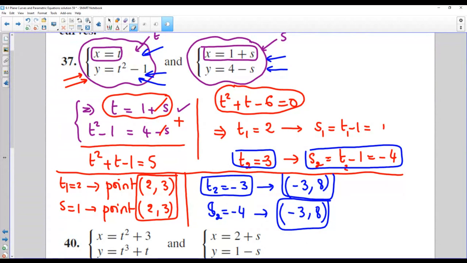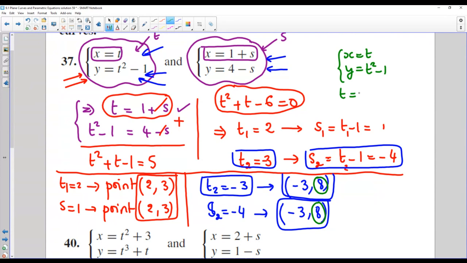Oh, why is it 8? You mean this 8 here or this 8? Yes. Remember, we have these equations: x is equal to t, y is t squared minus 1.